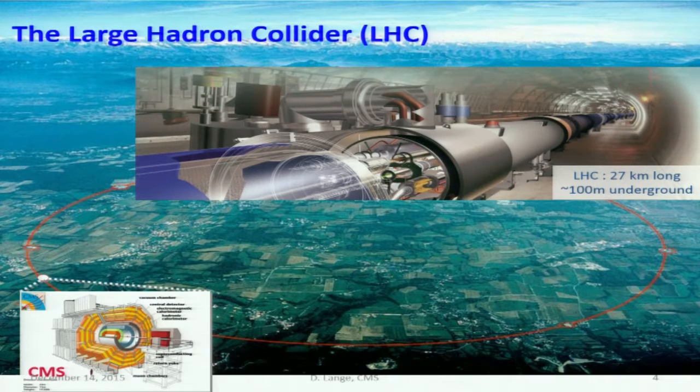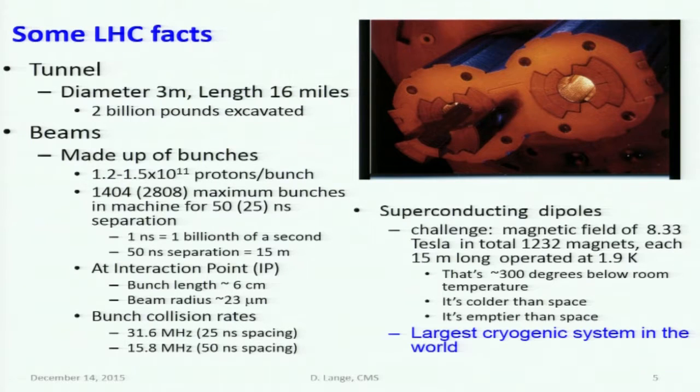The experiment I'm working on is called CMS, which stands for compact muon solenoid, which I'll show a bit more about, but it's certainly not in any way compact, but it sits at one of four main experimental locations around the ring. So the facility is able to give all four experiments beam for their physics at the same time.